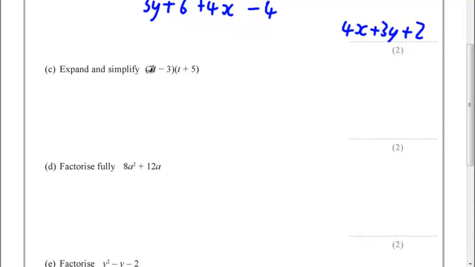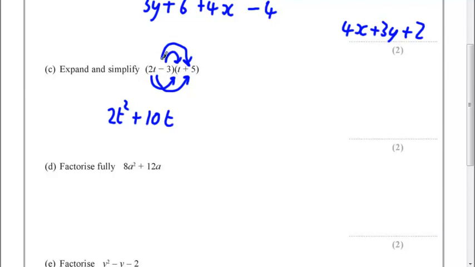Same sort of thing with this one. Everything multiplied. We're going to do it like this. Multiply that one first, then this one. It doesn't matter the order really. And then finally we do this one. So let's do that in that order. 2t times t is going to be 2t squared. 2t times 5 is going to be 10t, and it's positive.